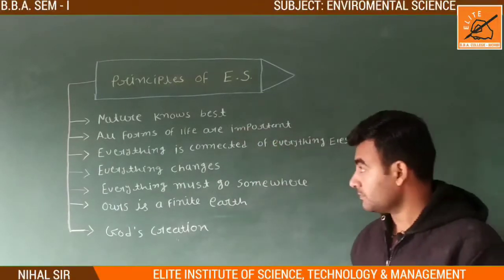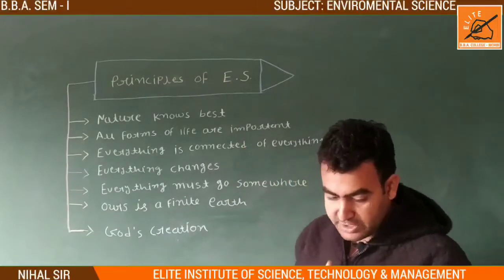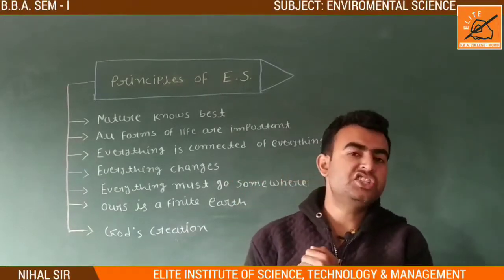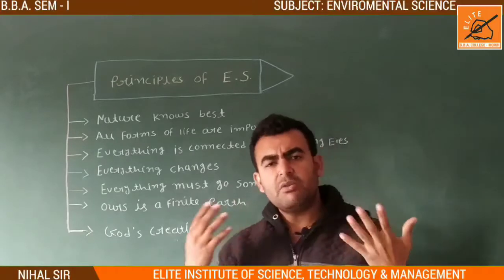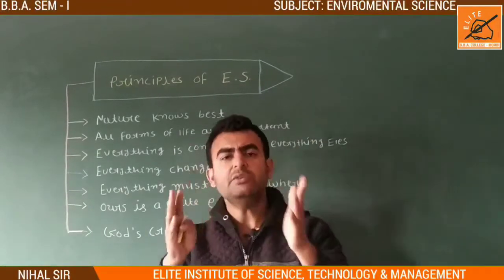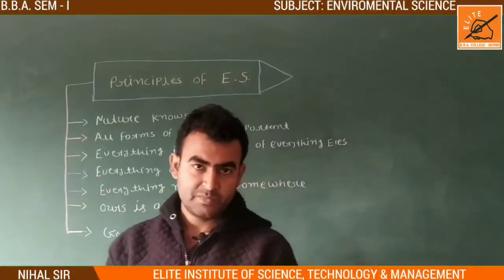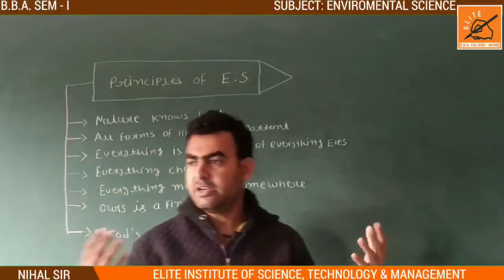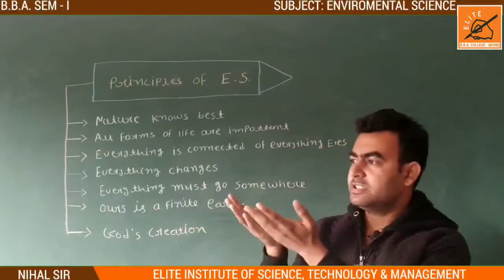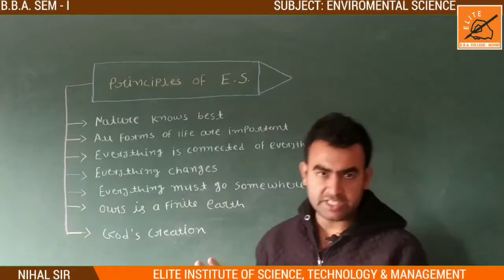First is that nature knows best. So our first principle of environmental science is that nature knows best. On our earth, there are millions, or we can say trillions, of types of organisms living. To say that only some men, some animals and some plants are living organisms would be the wrong sentence.